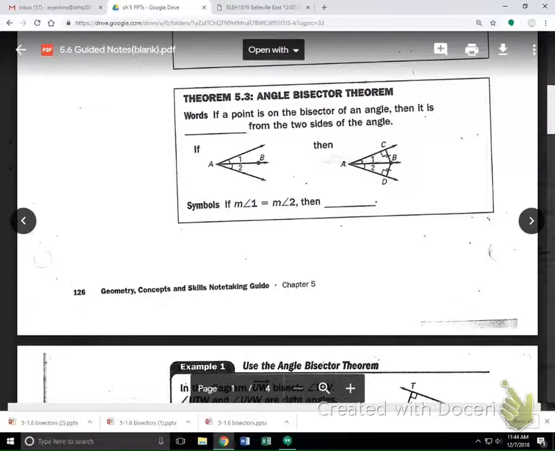So our first one is Theorem 5.3, angle bisector theorem. In words, if a point is on the bisector of an angle, then it is equidistant from the 2 sides of the angle. Equidistant.